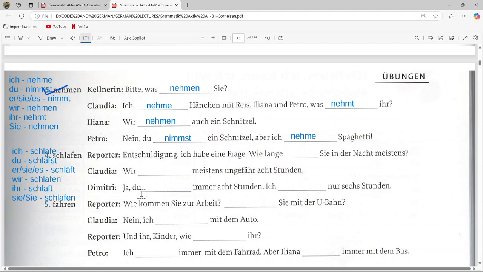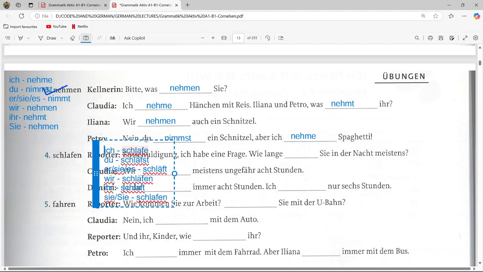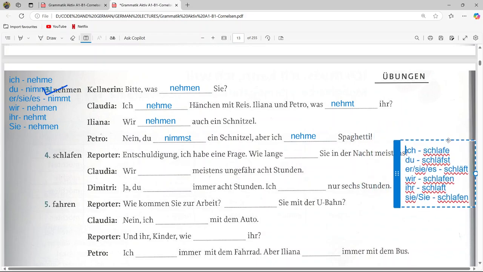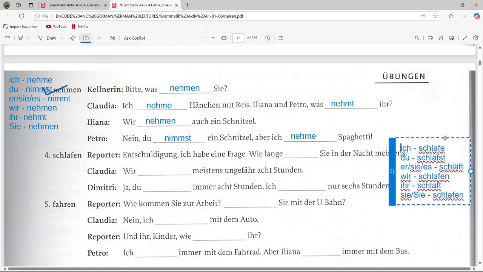Okay, so let us see. This is the conversation between reporter, Claudia and Dimitri. So three persons. So let us try to read at first.